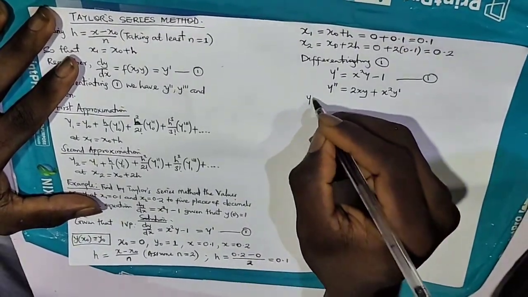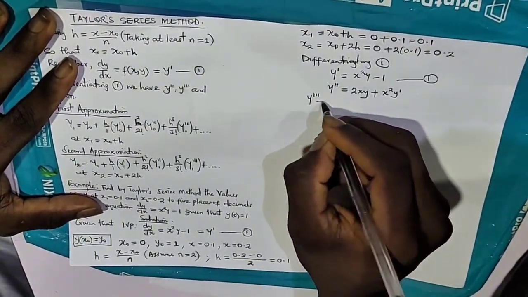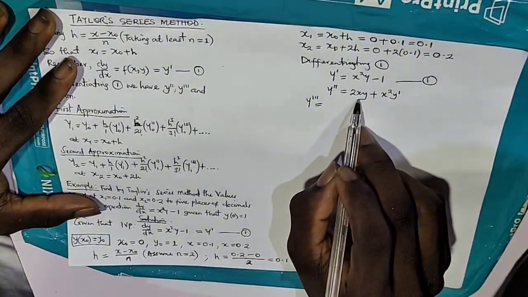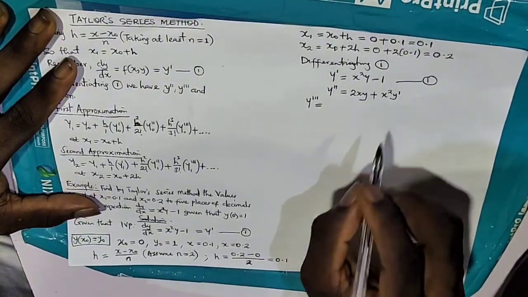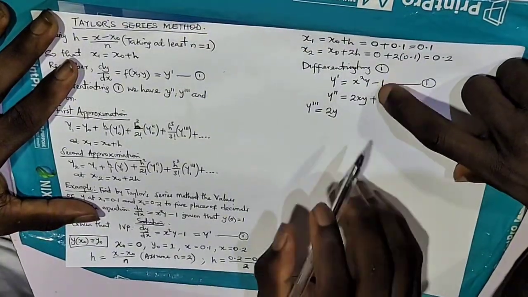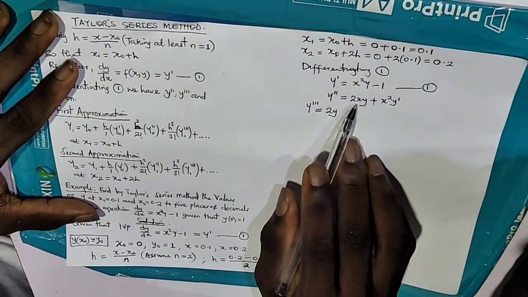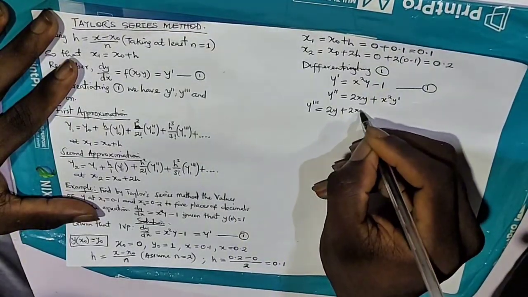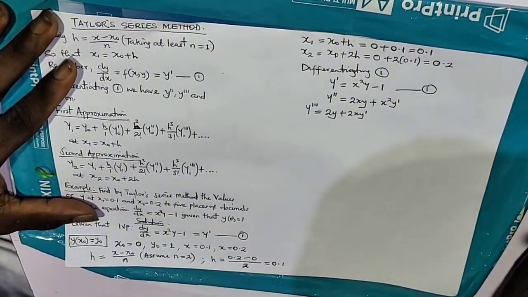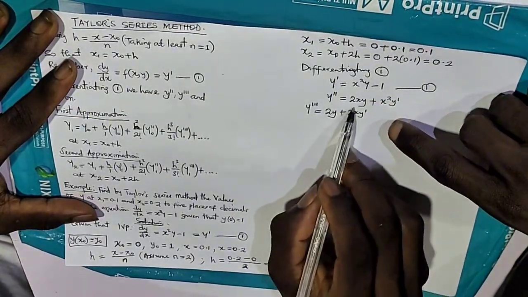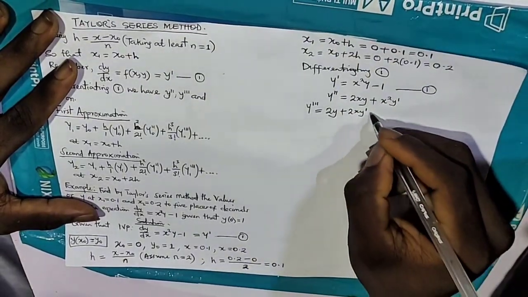So the next one is y triple prime, right? Yes, sir. So now let us differentiate this as well. With respect to x, what do we have? We have 2y, right? This has already turned to 0. Yes, this turns to 0. Okay. So with respect to y here, we have what? 2xy prime, right? Yes, 2xy prime. Okay.